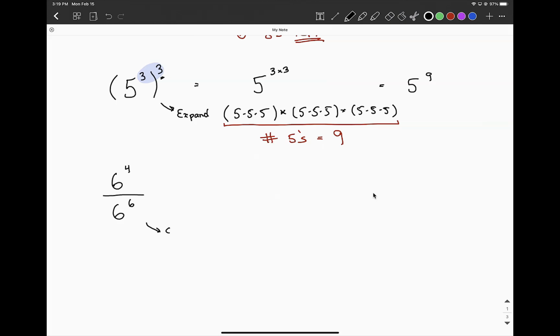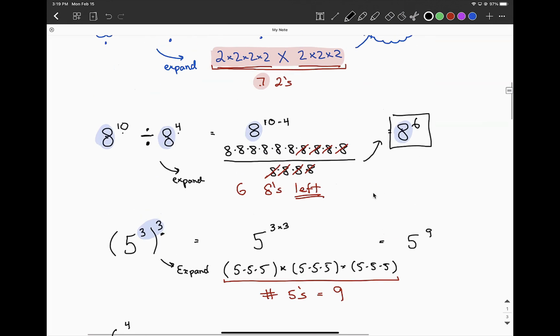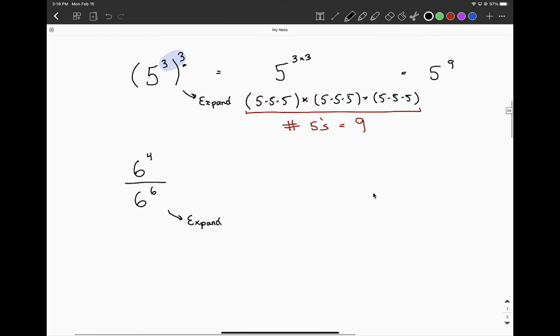Hopefully it makes it a little bit clear what we want you to do when we expand this. Now, using this law we've already done, the subtraction law, you might say, well, this is simple, 6 to the negative 2. But we don't like negative powers. We really don't. We try to avoid them.